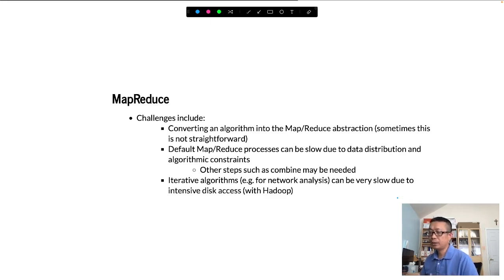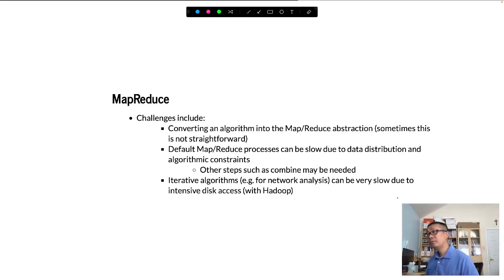However, there are challenges associated with implementing big data algorithms in MapReduce. Things such as, how do you convert an algorithm into this mapper and reducer abstraction? Sometimes this is not that straightforward. Sometimes the MapReduce process can be slow due to the data distribution and constraints in the algorithm itself.